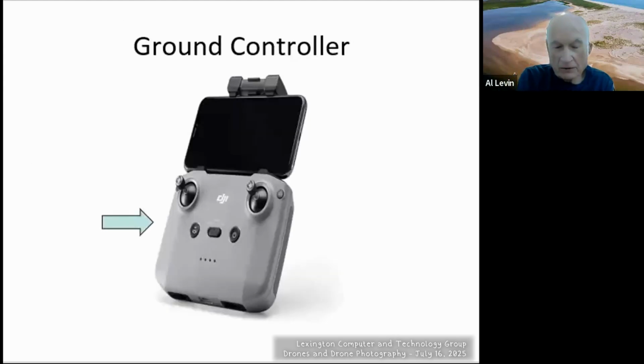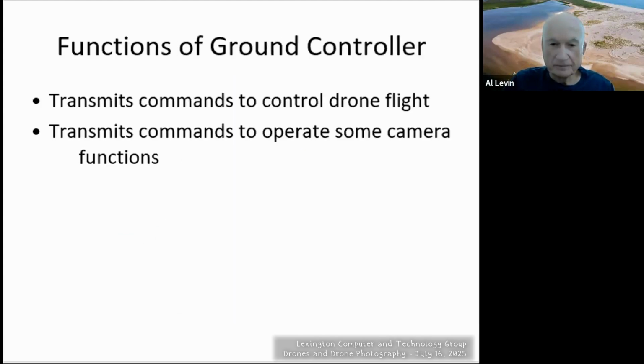Now let's look at the ground controller, which is here. The ground controller, as I've mentioned already, receives real-time telemetry data from the drone's onboard controller. And this gives us two useful functions.